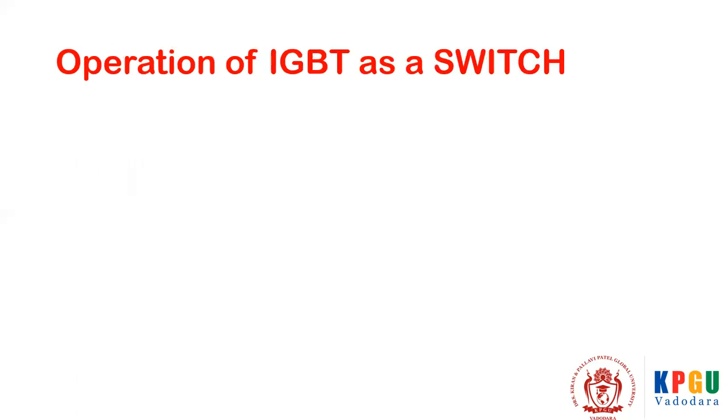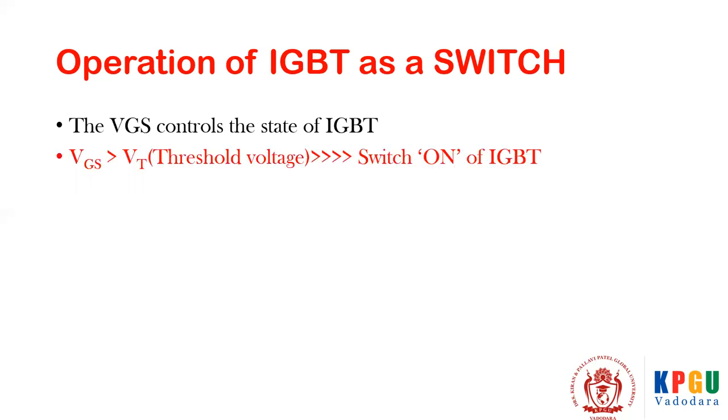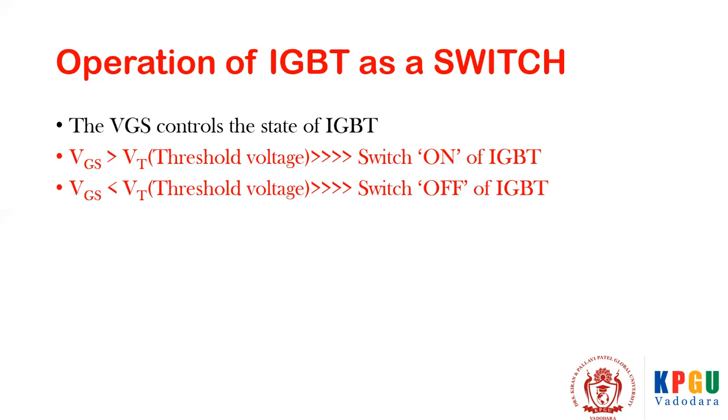Now, how does this IGBT operate as a switch? VGS is the agency which is controlling the state of the IGBT. If VGS is greater than a threshold voltage, then the switch is turned on. And when VGS is less than VT, then it is turned off.